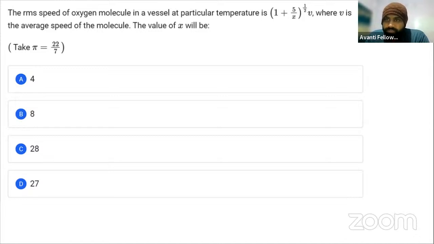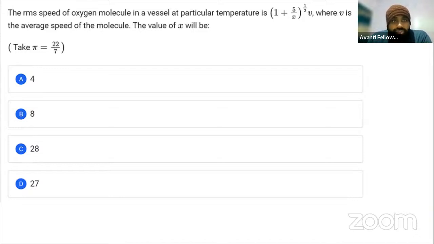RMS speed or RMS velocity, the average speed, and the most probable speed. The most probable speed has not been asked frequently, but there is still a chance. But RMS and average have been asked regularly. One question will definitely be asked from that.